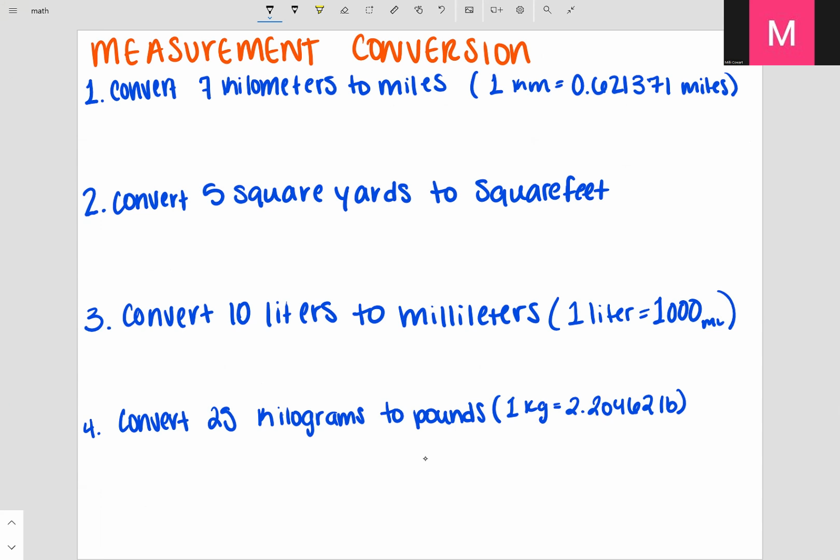So we want to convert 7 kilometers to miles. So we'll do this. We'll match these up so that our kilometers will cancel out. We'll put miles up here. We have 1 kilometer equals 0.621371 miles.